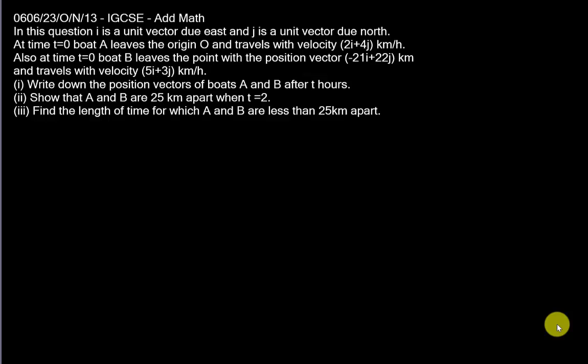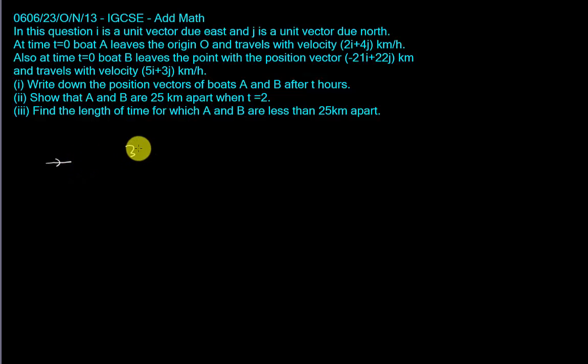Alright, so in these questions, i is a unit vector due east and j is a unit vector due north. Basically, the question is trying to say that 1i means 1 unit to the east.